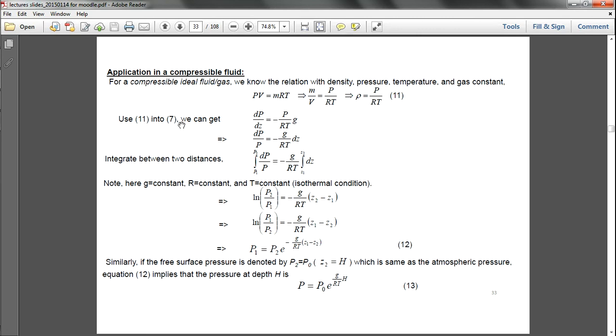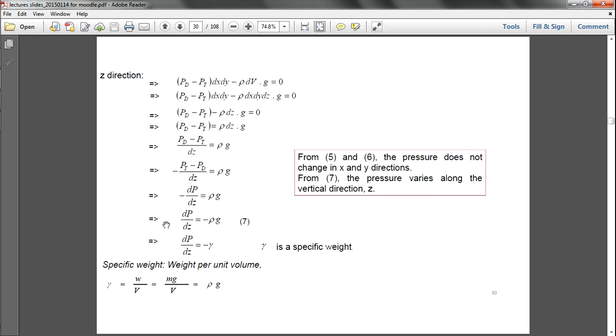Then you substitute that into equation 7. So you are still going back to the specific weight, the change in pressure along the change in the depth itself.